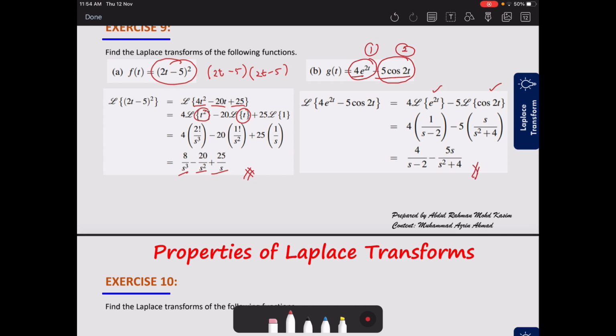So this is the answer. Remember previously, for the cos, the numerator is s, and the denominator is s squared plus a squared. For the exponent, we need to have a. What is your a? A is 2 over here, so it should be s minus a, which means s minus 2. So this is the answer.